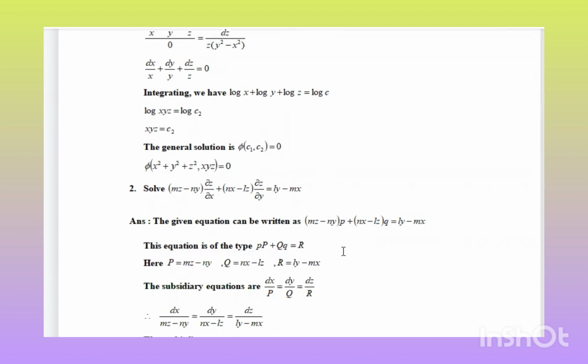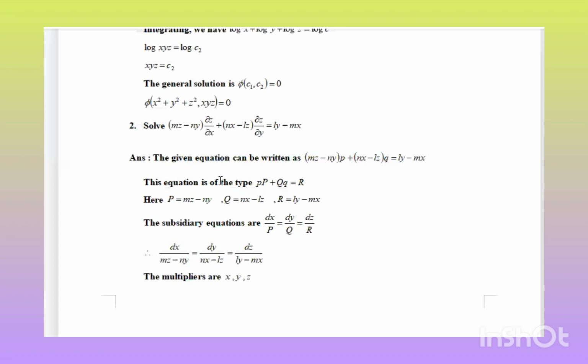Okay, let us see one more problem. Solve (mz − ny) ∂z/∂x + (nx − lz) ∂z/∂y = ly − mx. Here, in partial differential equations, from the notation we know very well p = ∂z/∂x and q = ∂z/∂y. So the given problem can be written as (mz − ny)p + (nx − lz)q = ly − mx.